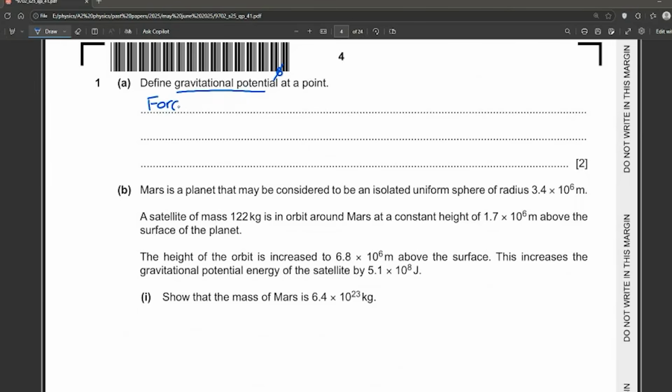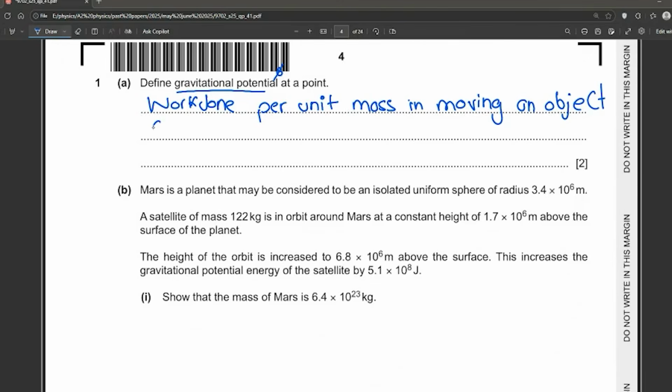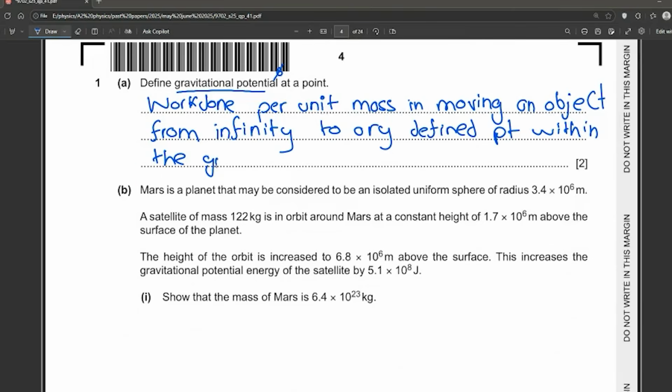Work done per unit mass in moving an object from infinity to any defined point within the gravitational field.